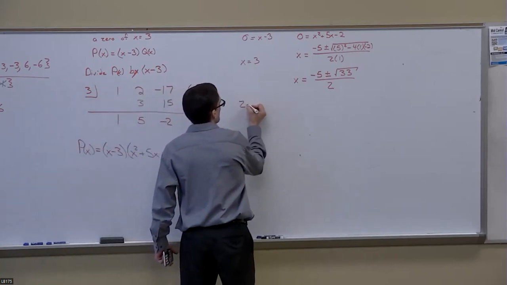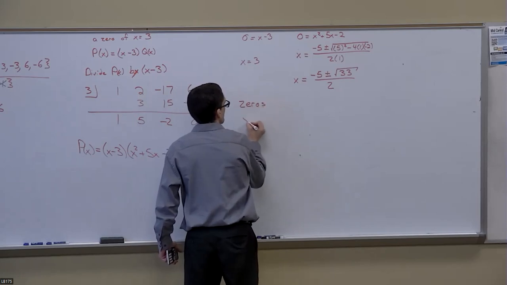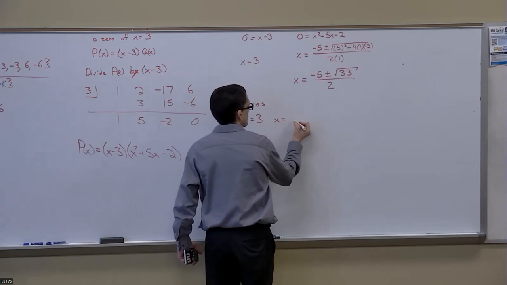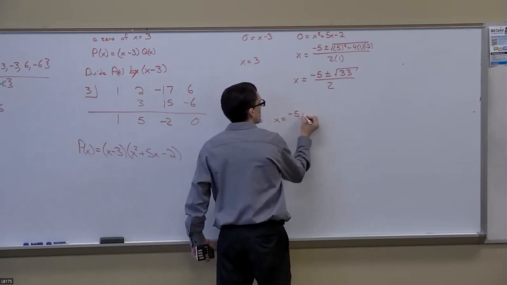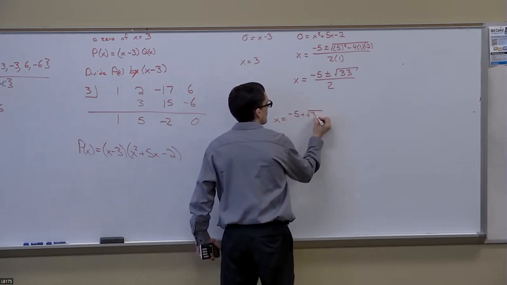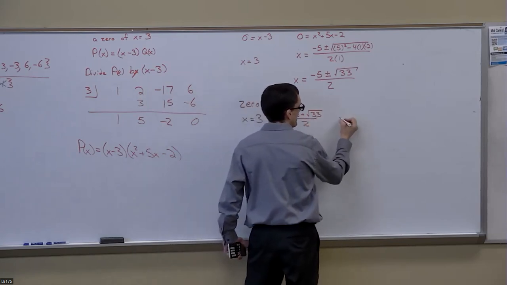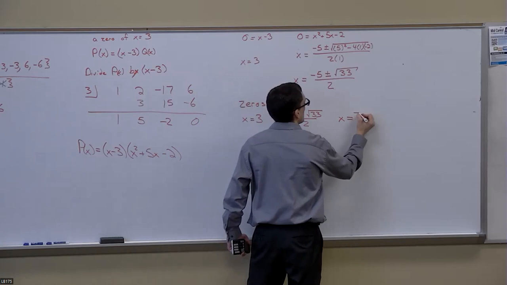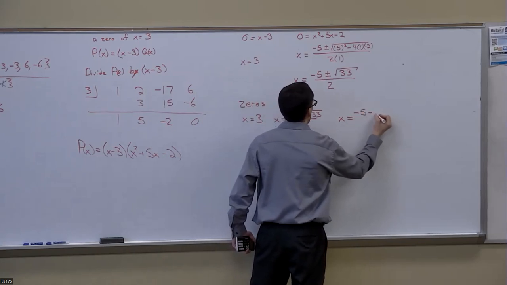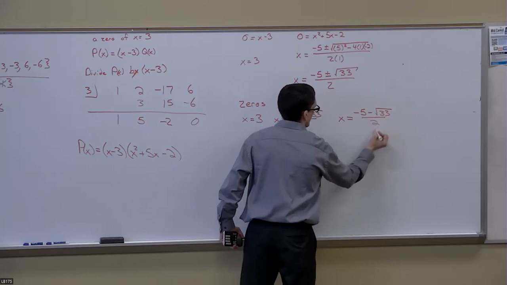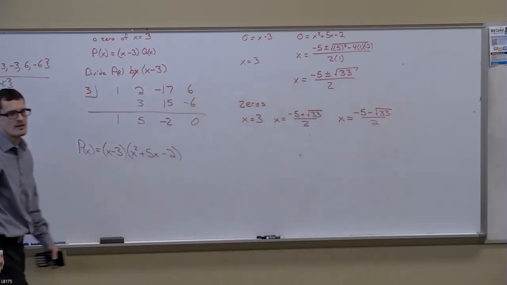So the zeros are x equals 3, x equals -5 plus the square root of 33 over 2, whatever number that happens to be, and -5 minus square root of 33 over 2. Okay.